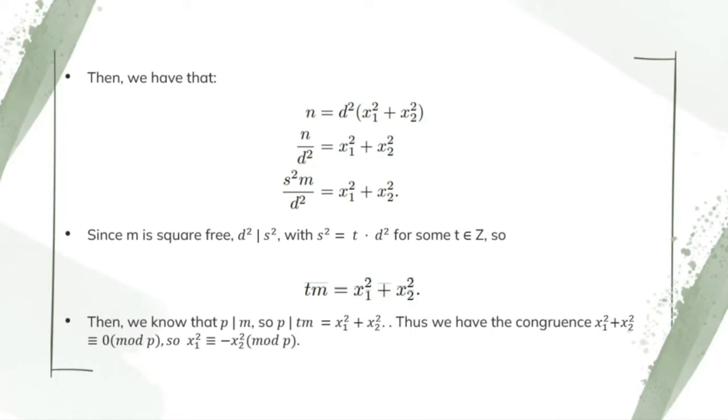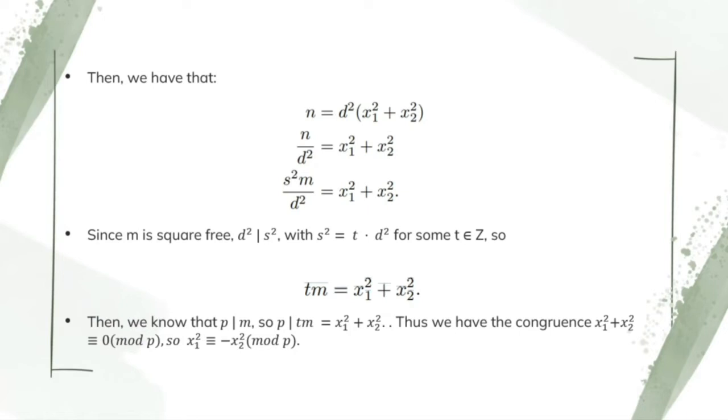Then we know that m is divisible by p, so tm, which is equal to x1 squared plus x2 squared, is divisible by p. Thus, we have the congruence x1 squared plus x2 squared is congruent to 0 modulo p. So, x1 squared is congruent to negative x2 squared modulo p.